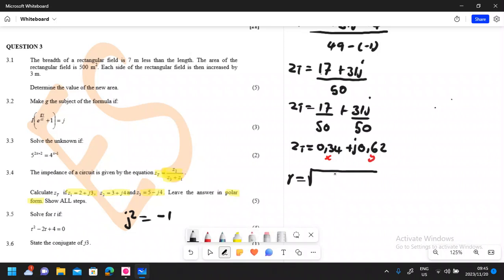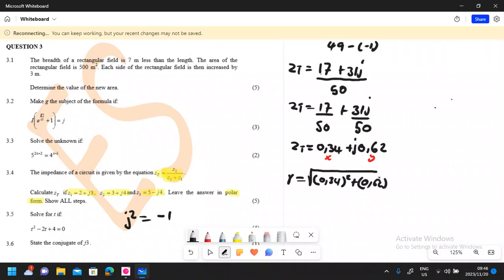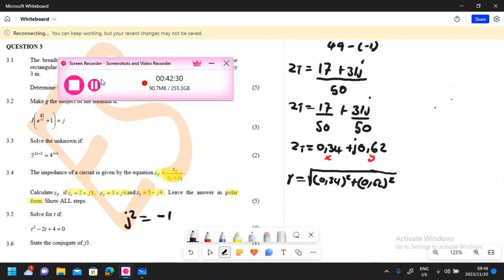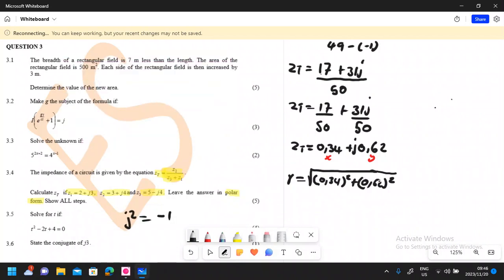You don't have to draw the diagram here. They never said anything about drawing the diagram, so we are fine. So it's going to be 0.34 squared plus 0.62 squared. Let me just erase this.